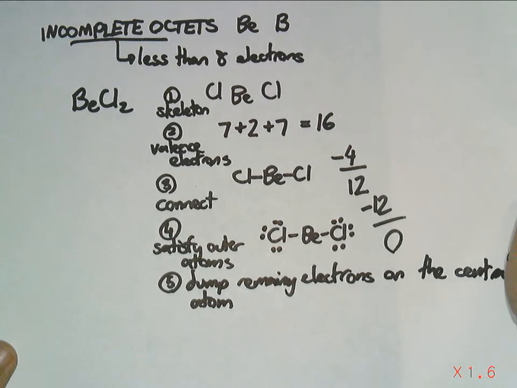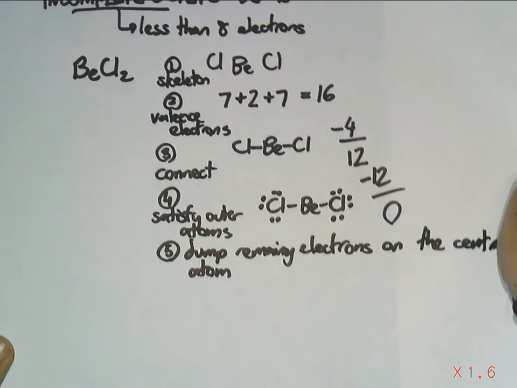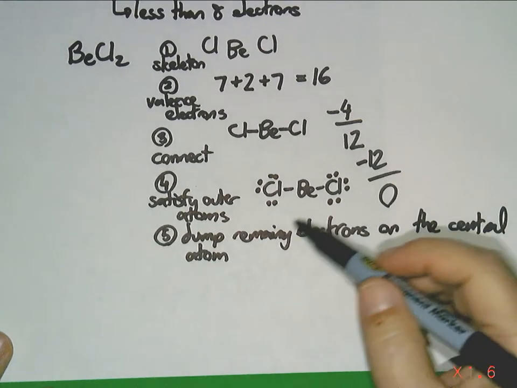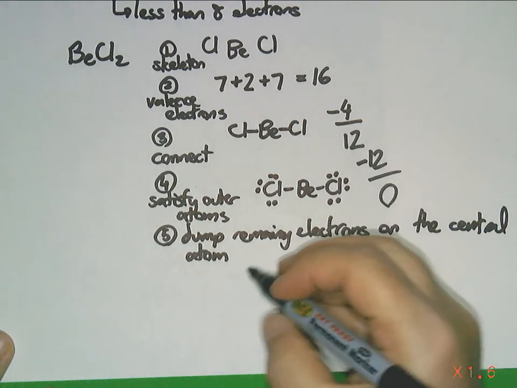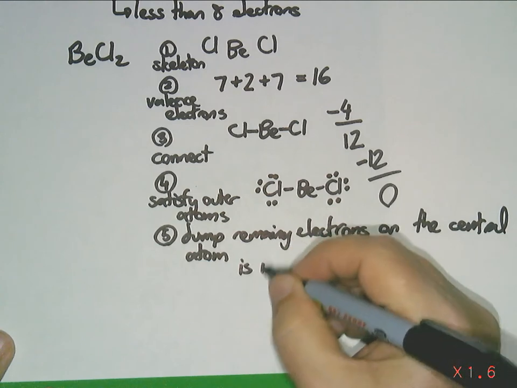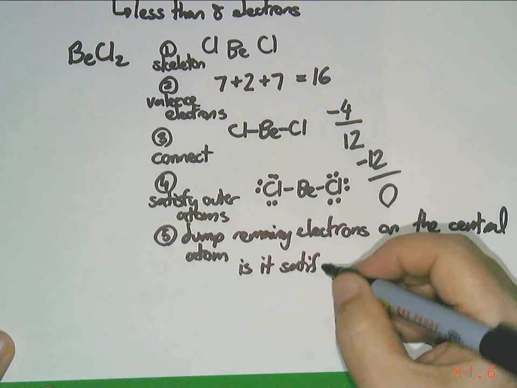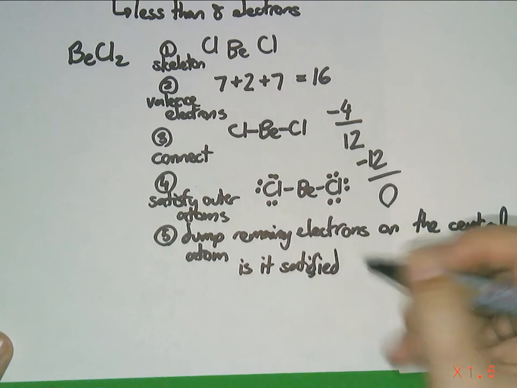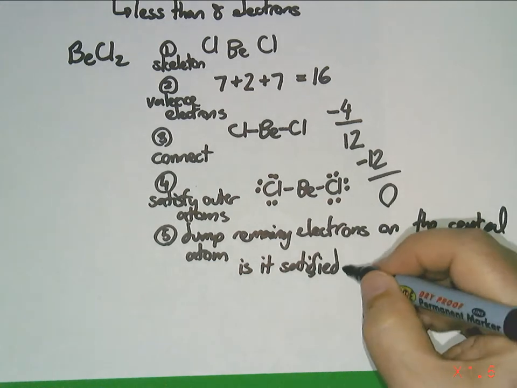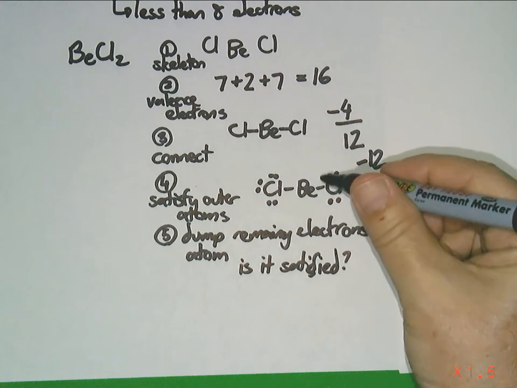Now, if I was a B student, what I would do, I think, is say, at this point you're asking, is the central atom satisfied? So the recipe would tell you, well, no, because it needs 8.